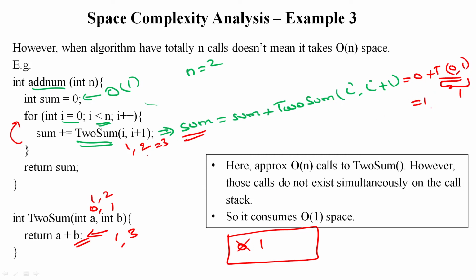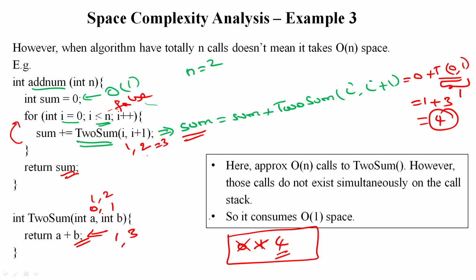Already sum is 1, plus 3 equals 4, and the 4 is overwritten in the same memory location. Now i is incremented by 1, so i is 2, 2 less than 2, the condition is false, so it comes out of the loop, then returns the sum value 4, which is written here.